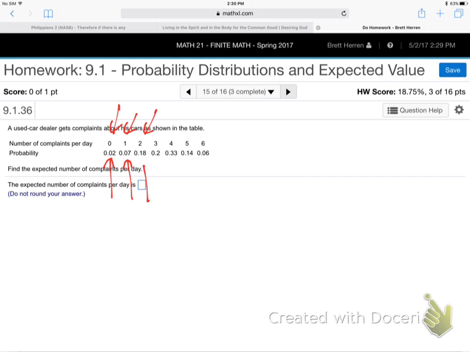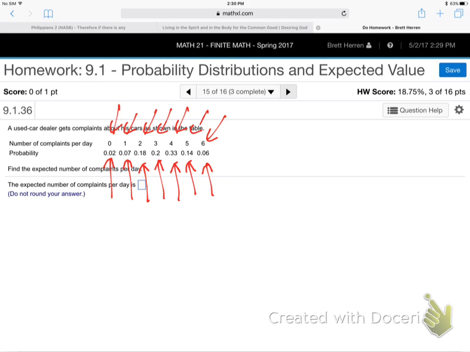He gets 2 complaints in a day 18% of the time, 3 complaints 20%, 4 complaints 33% of the time, 5 complaints 14% of the time, and 6 complaints in a single day 6% of the time. Those are the rough days.